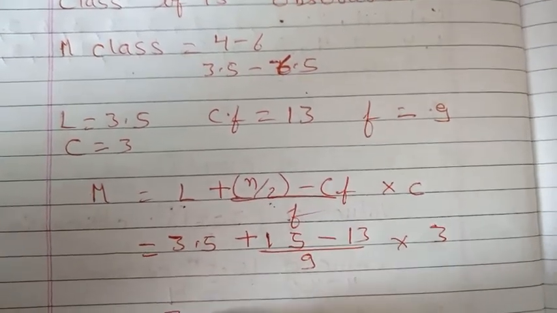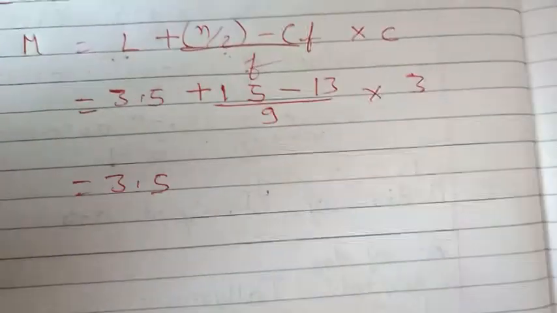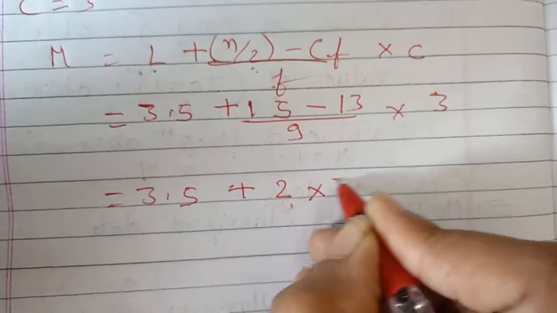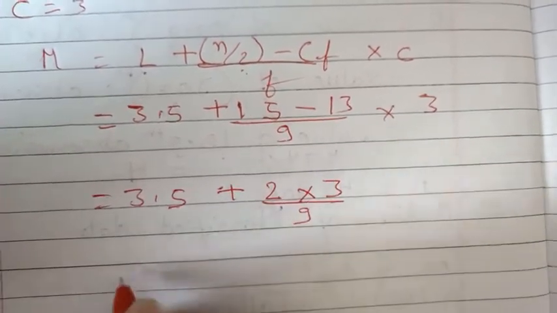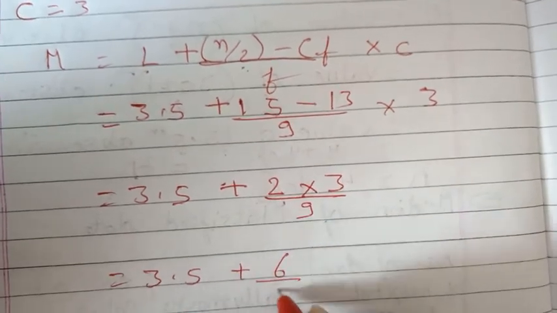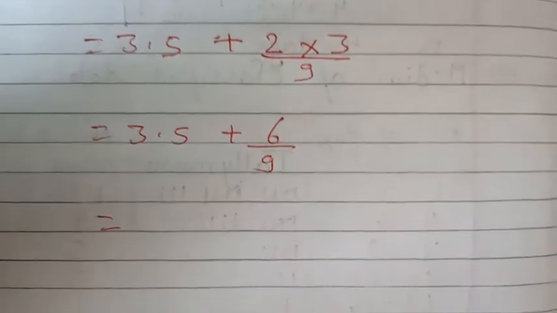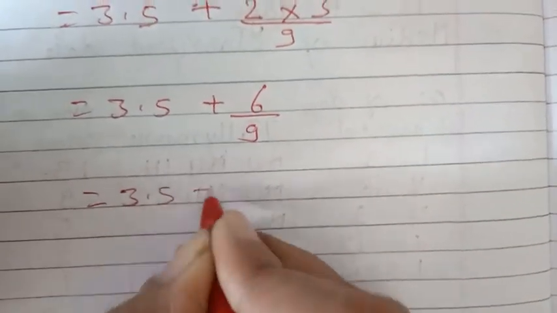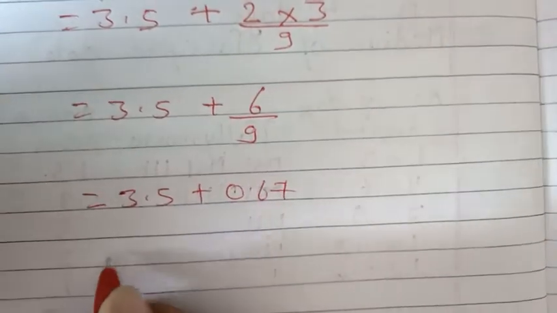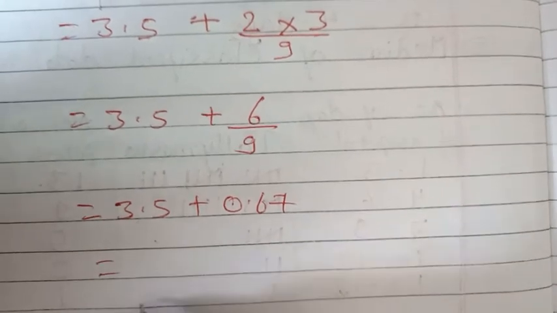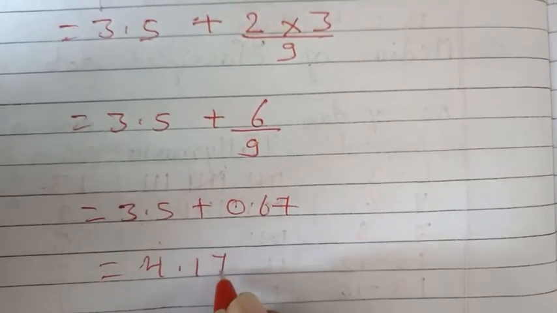Now when we solve: 3.5 plus (15 minus 13 is 2) multiplied by 3 upon 9, that is equal to 3.5 plus 6 divided by 9. When we divide 6 by 9, it will give us 0.67. So 3.5 plus 0.67 will give you 4.17.